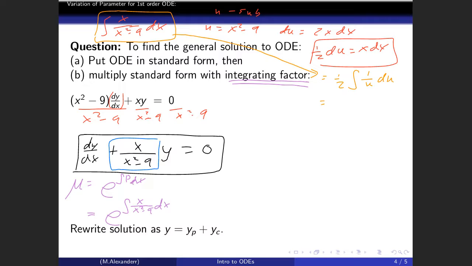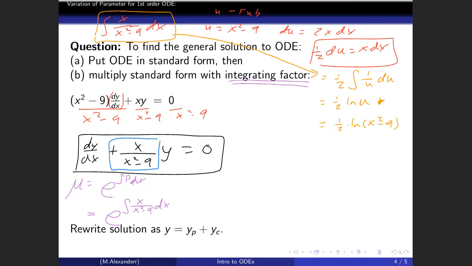And so this is going to be 1/2 ln of u plus, technically there's a plus c, but we're just going to write down ln of u. Now we have to resubstitute. So this is going to be 1/2 ln of u, which u was equal to x squared minus 9.